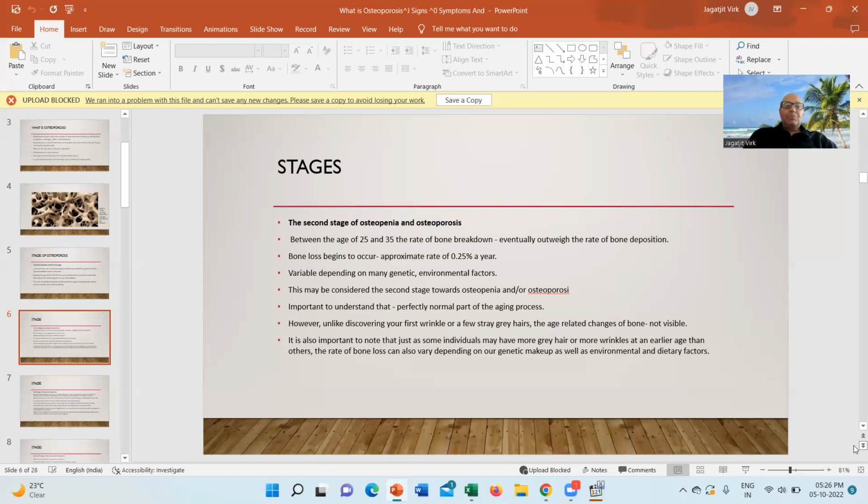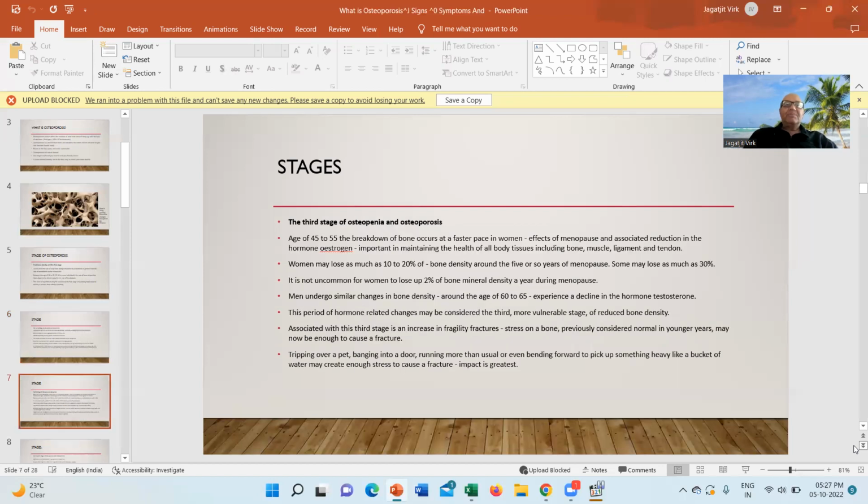It is also important to note that just as some individuals may have more gray hair or more wrinkles at an earlier age than others, the rate of bone loss can also vary depending on our genetic makeup as well as environmental and dietary factors.